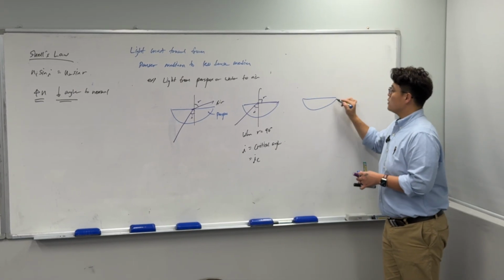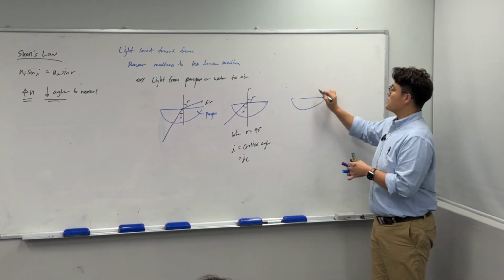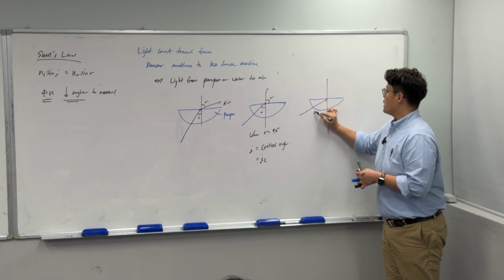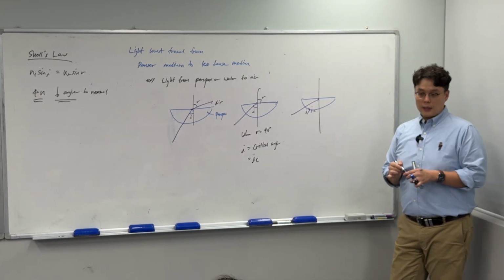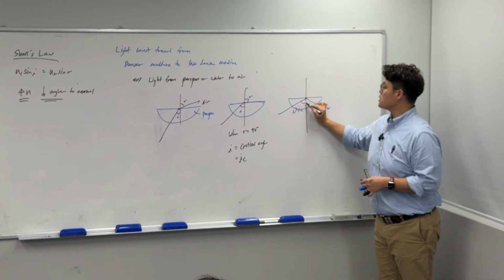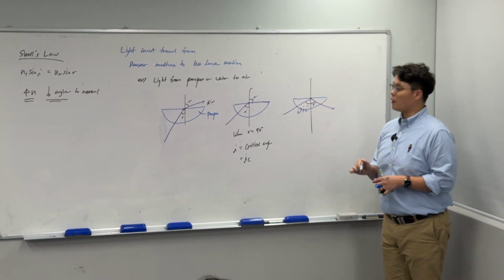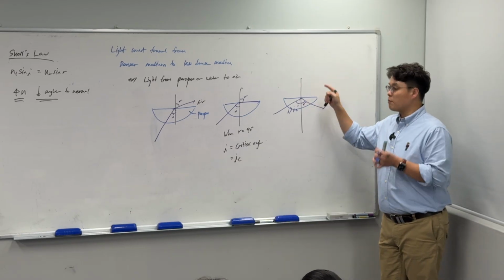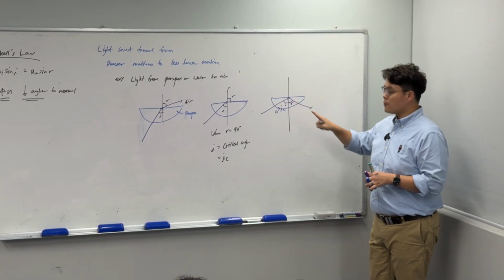Exceeding that, you'll be able to see the light inside going above the critical angle. So i is now greater than the critical angle. You'll now be able to see that the light is reflected internally. The i is the same as the r. The light is no longer refracted coming out of the perspex. It is more likely captured inside.